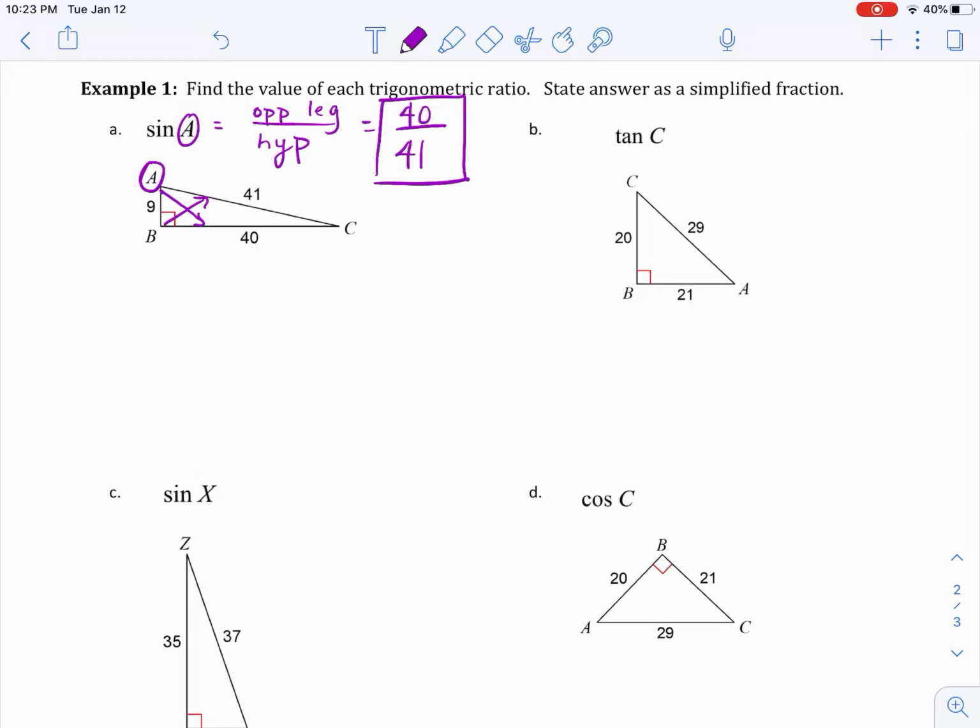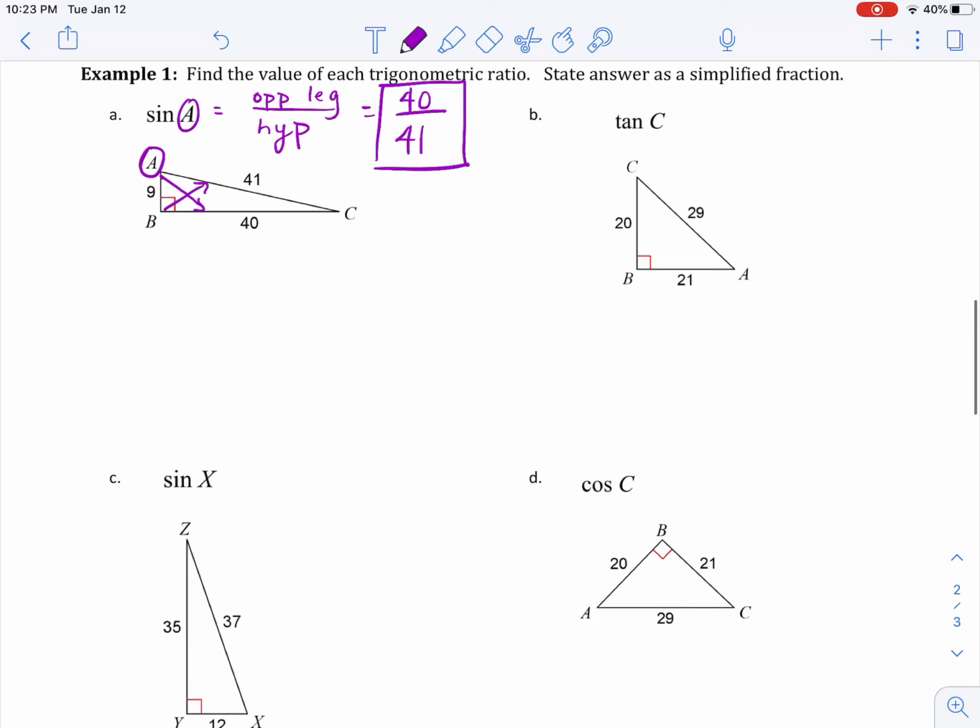All right, let's try it again. In example 1b, this time it's saying tangent, right? So tangent means take the opposite leg and put it over the adjacent leg. So let's go to that picture and figure out which number is the opposite leg, which number is the adjacent leg.